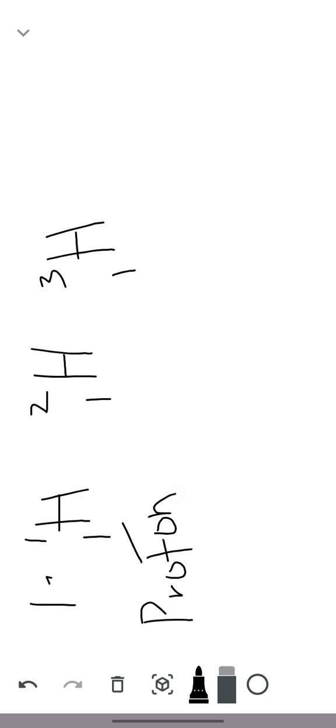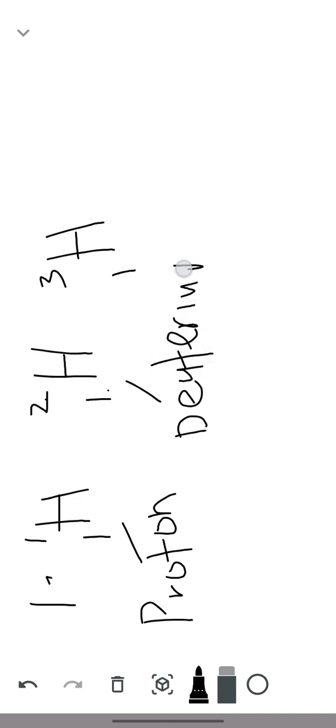Whereas 2 and 1 is called deuterium, and this one is called tritium.